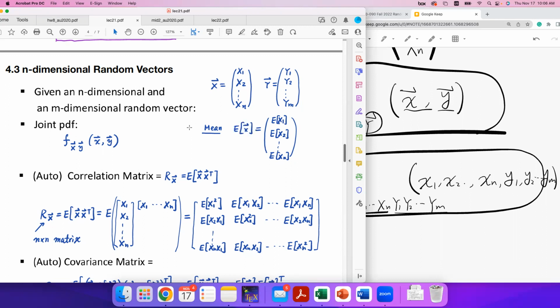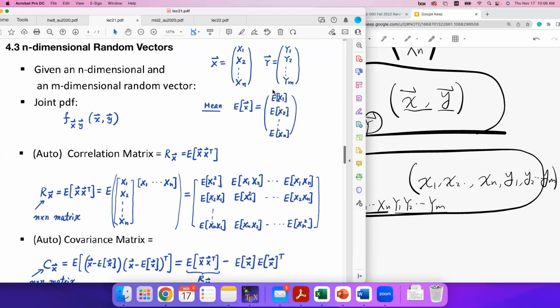This is the only natural way to extend these definitions to vectors. You have to do them one by one, coordinate-wise. But in the end, it reduces to calculating the mean of a single random variable, so we can handle this.